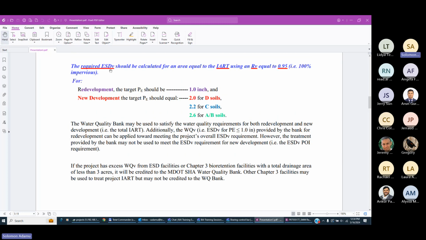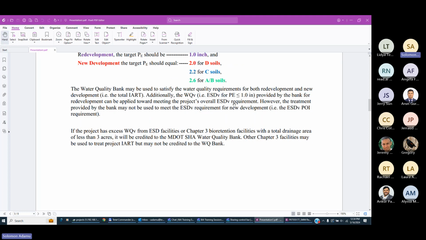The remaining has to be addressed differently if they use the water quality bank. So the water quality bank may be used to satisfy the water quality requirement for both redevelopment and new development. That is the total IART, but it is only for 1 inch.